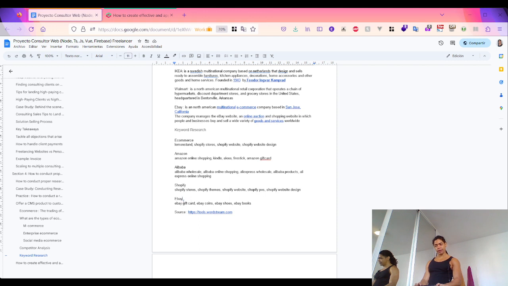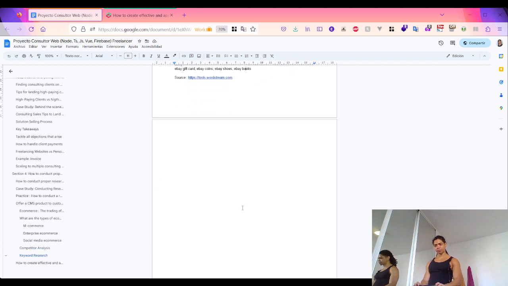And then you got eBay: once I performed this keyword research with this tool from Wall Street, you got eBay gift card, eBay coins. There are people selling coins to get some silver from that, or to scam people as well. eBay shoes and eBay book.